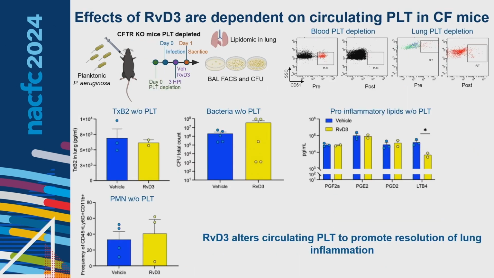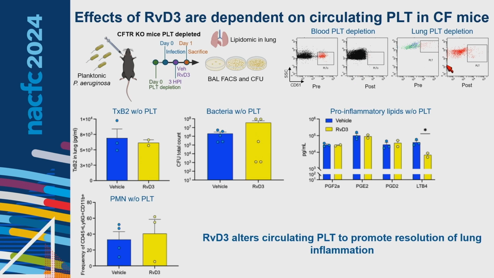To analyze whether all these effects of resolvin D3 were dependent on platelets, we again repeated the same in vivo experiment of Pseudomonas aeruginosa challenge, but before the challenge we treated the mice with a specific antiplatelet antibody that works very well, since, as you can see from this representative flow cytometry dot plot, platelets are almost completely depleted by the antibody in blood, but not in lung.